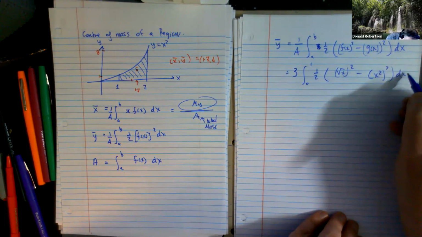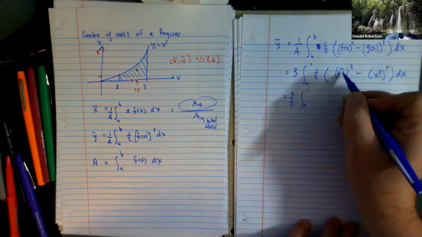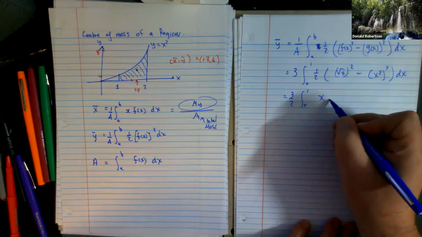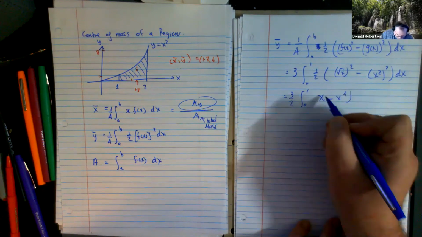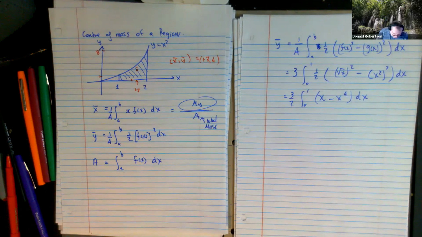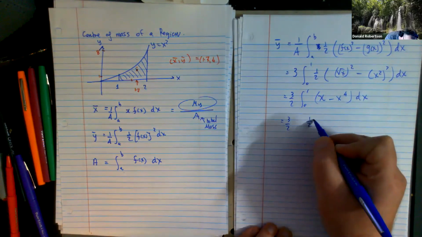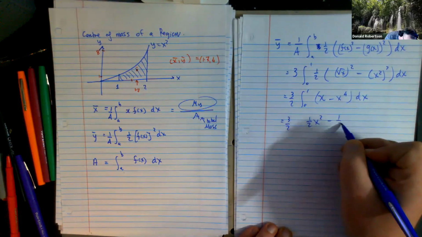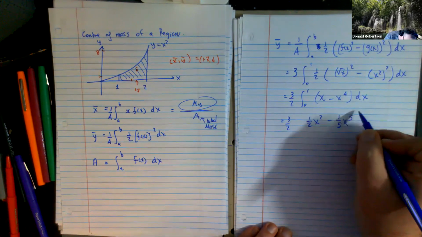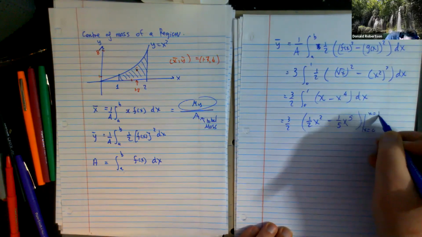Might as well bring that half out. That guy gets you x, and this guy gets you x to the 4. So that's what you end up with. 3/2 this integral. This is a power rule. Add 1 to the power, divide by the new power. And let's see what you get.